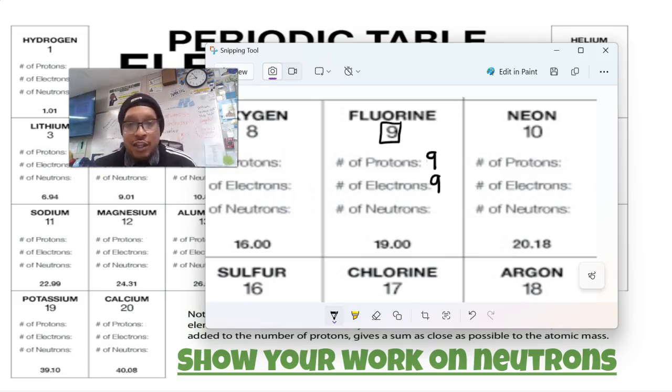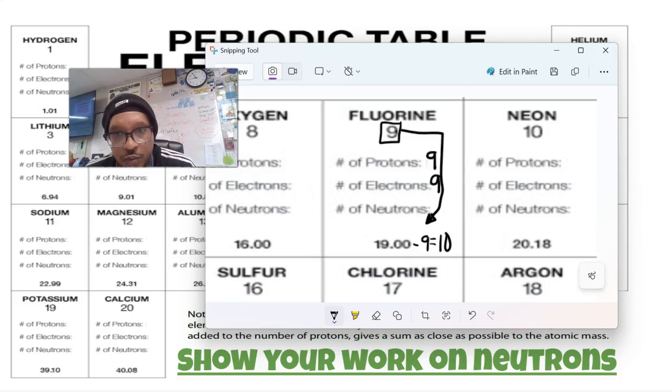This is how we calculate it. We take the atomic mass and we subtract the atomic number. Again, I got that number from right here. Boom. That's where I got it from. And then what is left is 10, which means the number of neutrons for fluorine is 10. We did this yesterday, right? And I'm giving you an example right here.